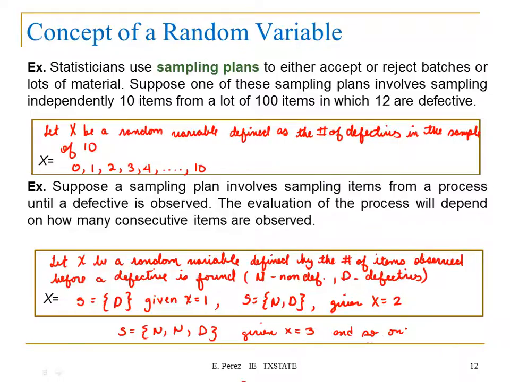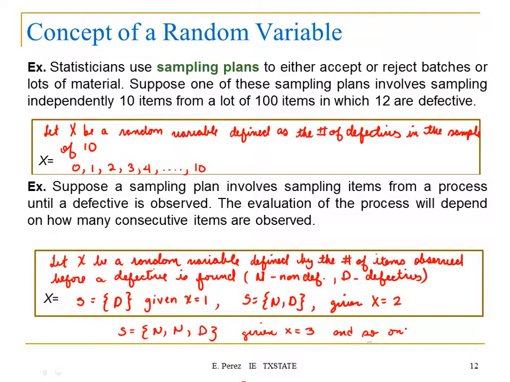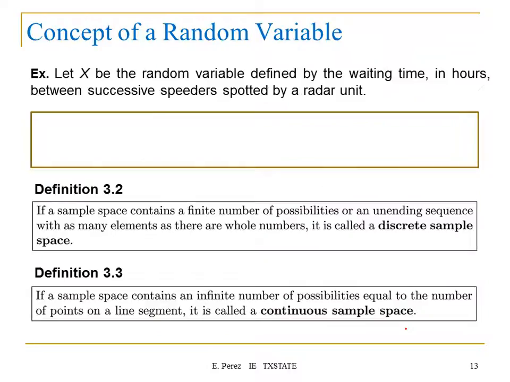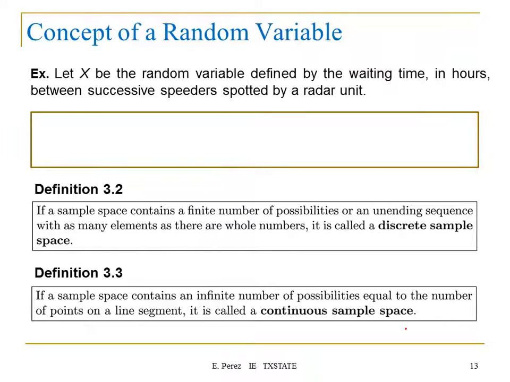So up to this point, we've been focusing on defining random variables. One more example. Let X be the random variable defined by the waiting time in hours between successive speeders spotted by a radar unit.